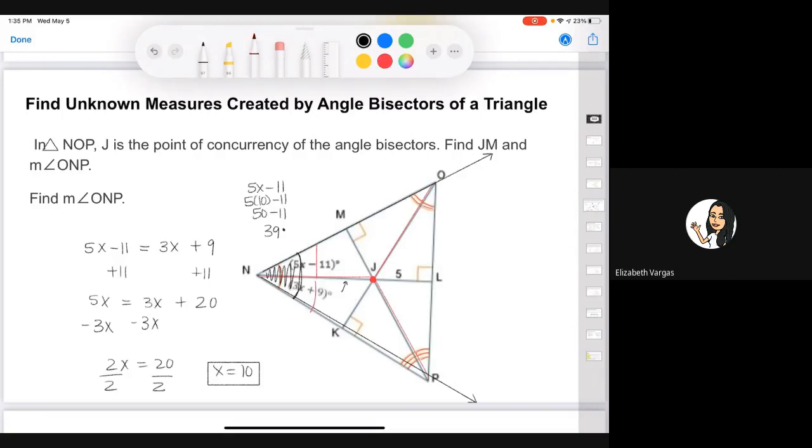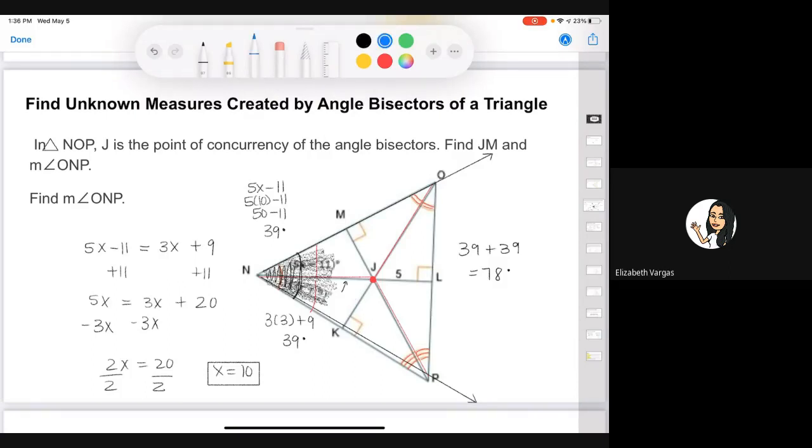And because it was bisected by an angle bisector, I would know that it's also equal to 39. What this is asking me is to find the measure of angle ONP, so that would be the entire angle. So I want to add both of those together. 39 plus 39 is 78. So that would be my missing angle.